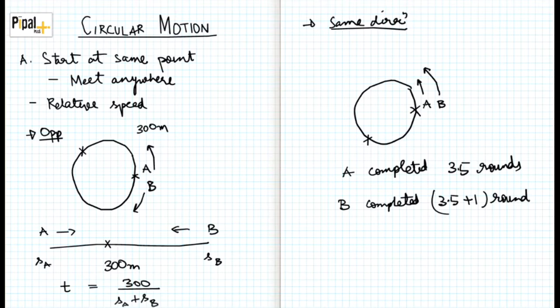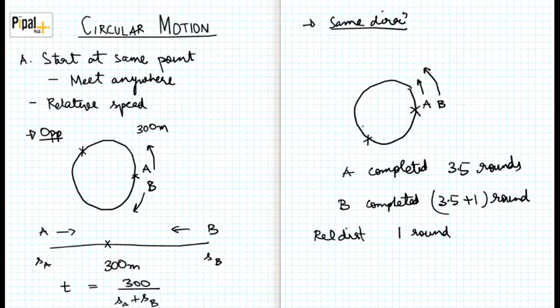If B takes off faster right away, and A is slower, and B is having to catch up with A, and let's say B catches up here, then B has taken exactly one more round than A. So when we use the concept of relative speed, the relative gap that B has covered with respect to A is exactly one circumference, one round equivalent.